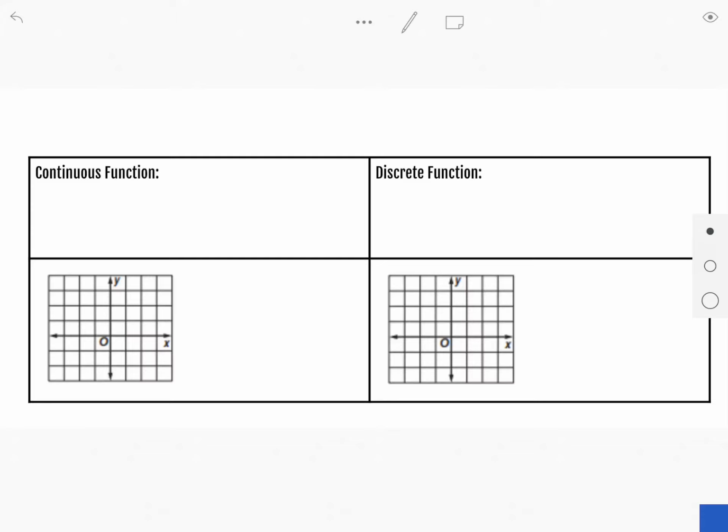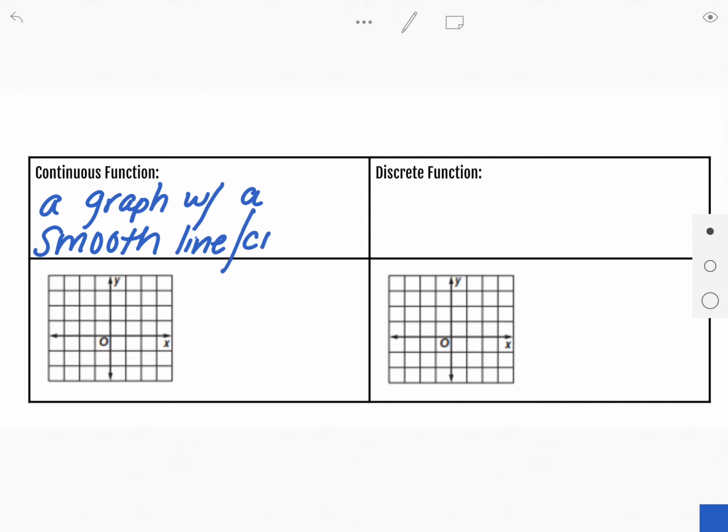The easiest way to tell if a graph or a function is discrete or continuous is this: if a graph is continuous, that means you are going to have a graph with a smooth line, or it could be a curve, it doesn't have to be a straight line, connecting data points.